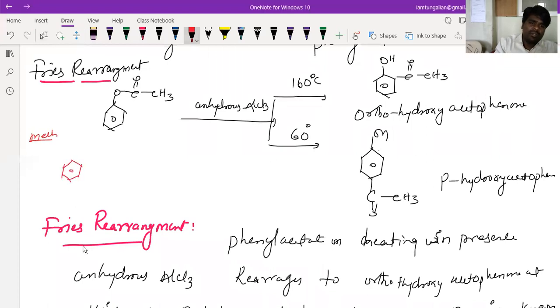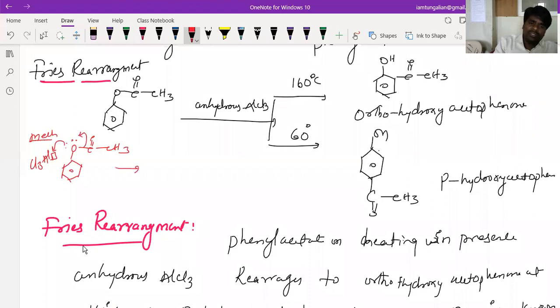This is your compound. So this is having two lone pairs of electrons. What happens here? This AlCl3 is a Lewis acid. So the lone pair of electrons are given, and this bond will be broken.